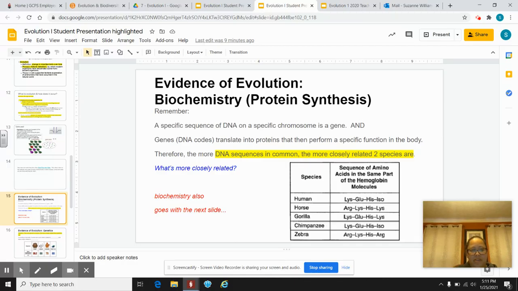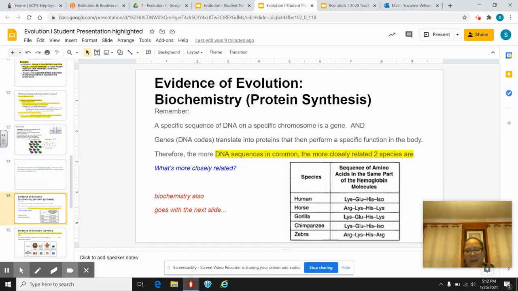So in this example, it says, what's more closely related? And then you have a list of species, and you will have an example like this on your test. And then you have the sequence. As you can see very clearly, the human and the chimpanzee have all four of this particular sequence in common. Now, are humans chimpanzees? No. Remember, the body makes a whole bunch of different proteins.